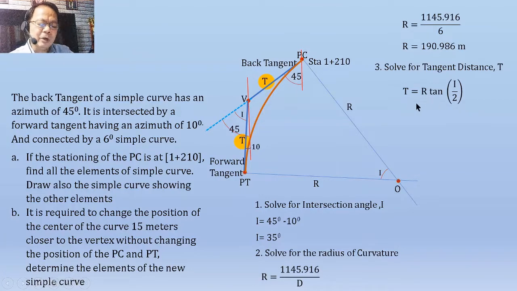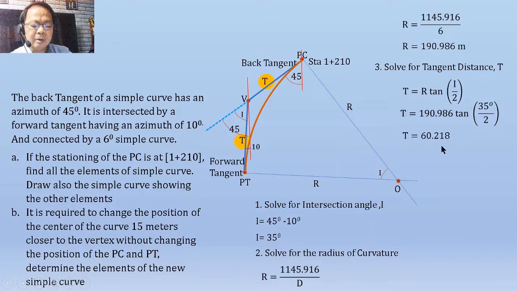And so if we substitute the values of the radius of the curvature, which is 190.986, and the central angle or the intersection angle of a computed value equal to 35, therefore our T becomes 190.986 multiplied by tangent of 35 over 2, which when simplified will give us a value equal to 60.218 meters.